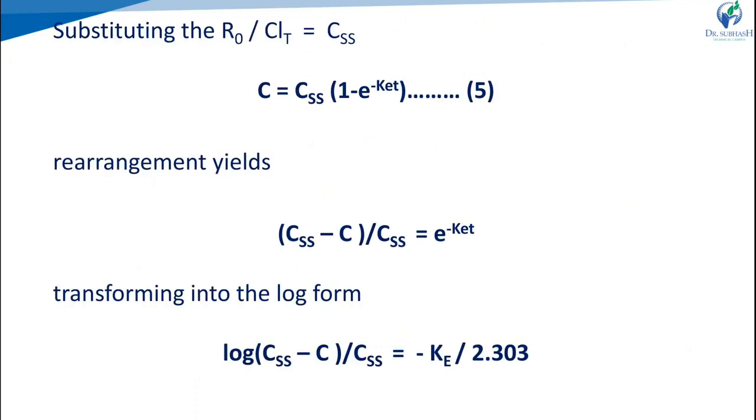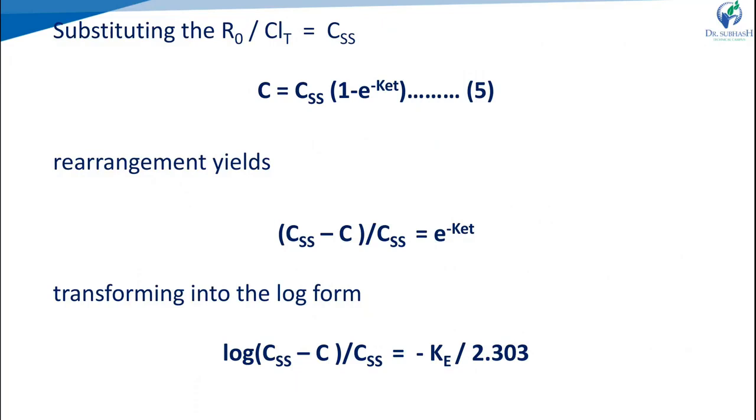Substituting R0 upon clearance equal to Css into the previous equation, it becomes C is equal to Css in the bracket 1 minus e raised to minus Ket. Rearranging that equation, we get (Css minus C) upon Css is equal to e raised to minus Ket.